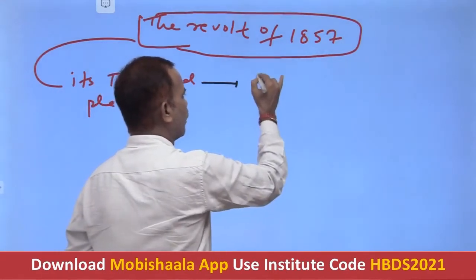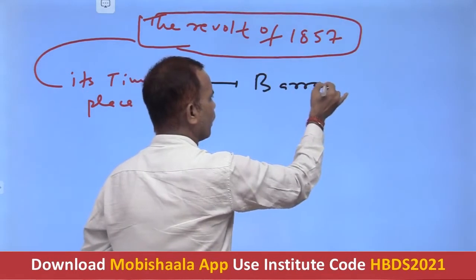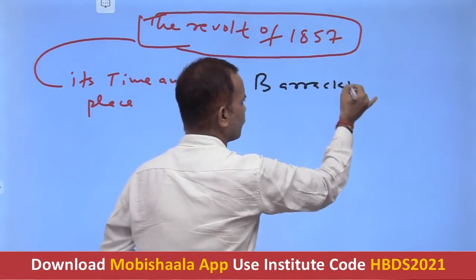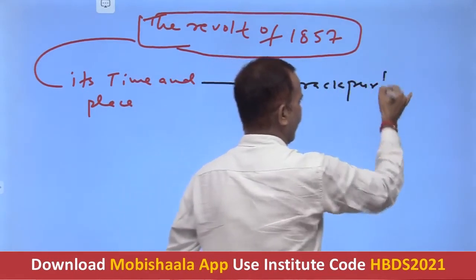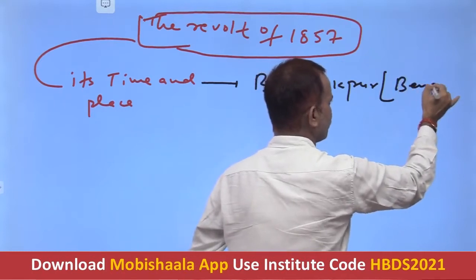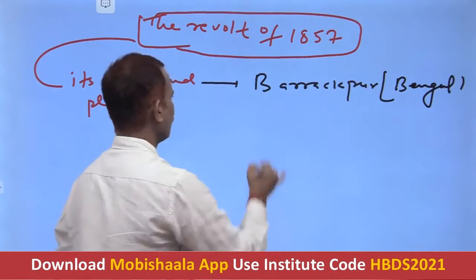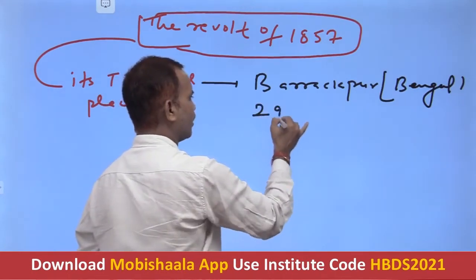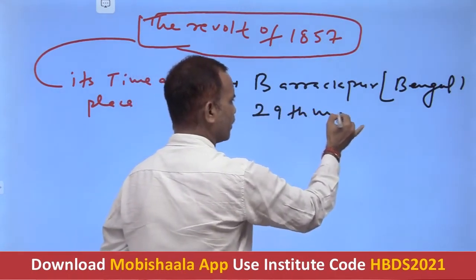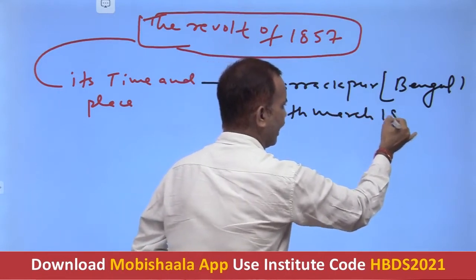Place was Barakpur, Barakpur in Bengal. First time on 29th March 1857.